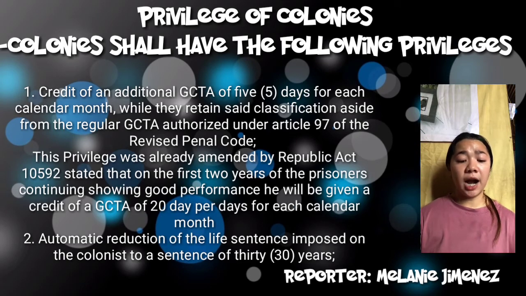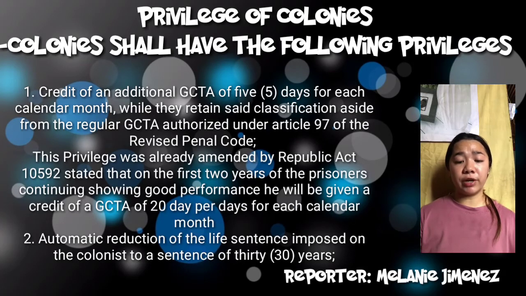So, RA 10592 is an act amending Articles 29, 94, 97, 98, and 99 of Act number 3815, as amended, otherwise known as the RPC. And Section 3 in Article 97 of the same Act is hereby further amended to read as follows.